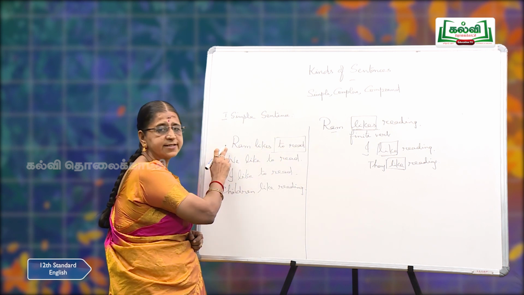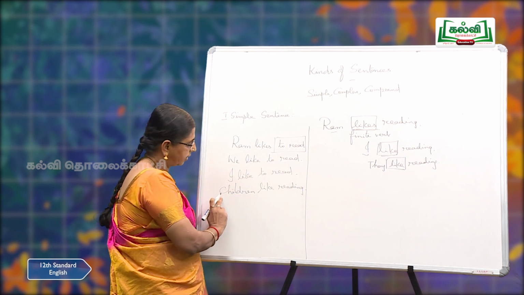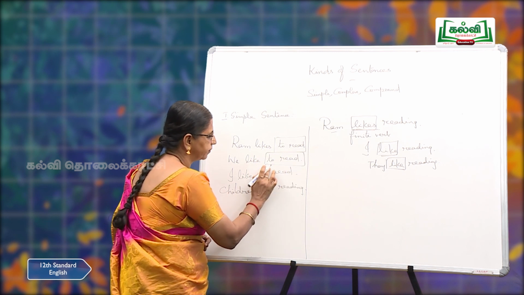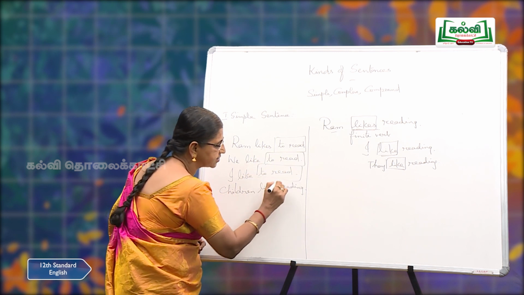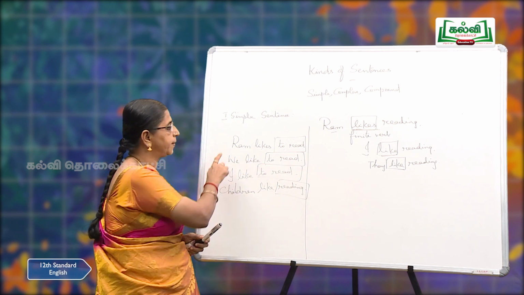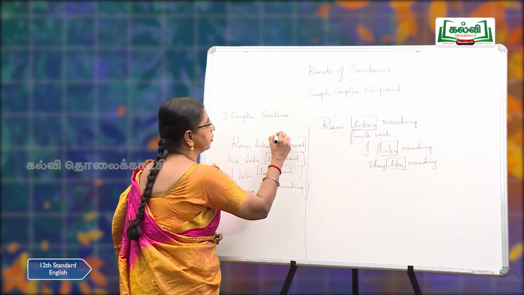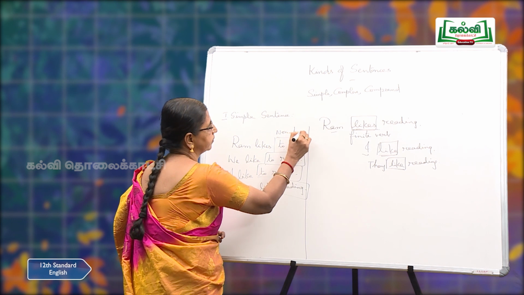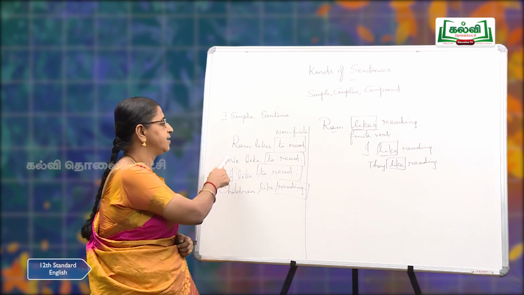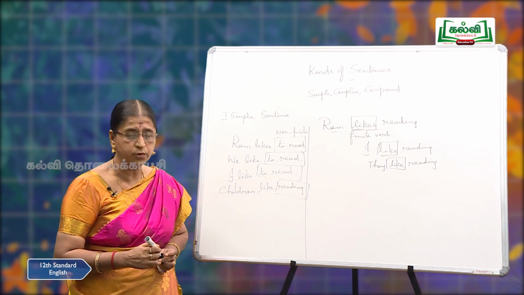So whatever be the subject here, if it is they like to read. Children like reading. So these forms, this to plus verb and this ing form. Now these are not at all altered. They do not depend upon the number and person of the subject. So these are called non-finite verbs. They are not finite. They are not restricted by the person or the number of the subject. So that is the main difference you have got to remember.